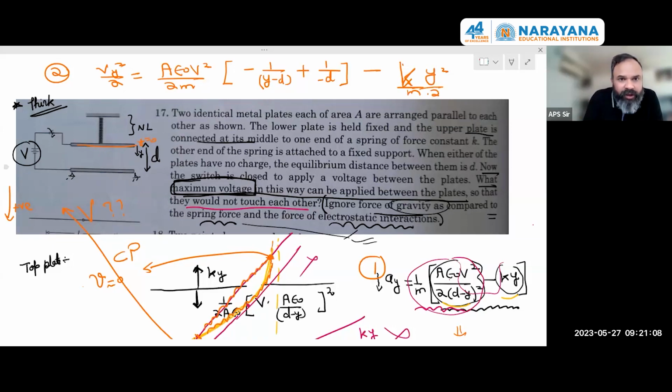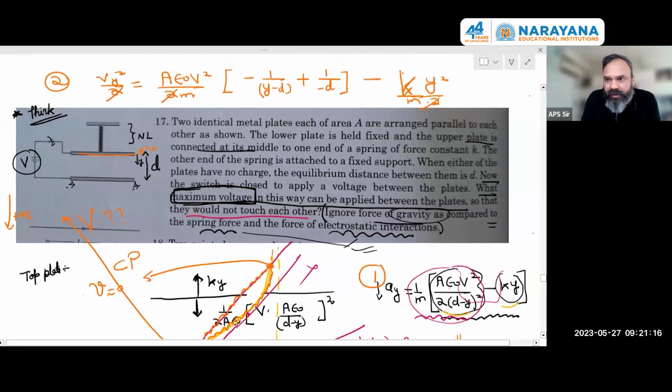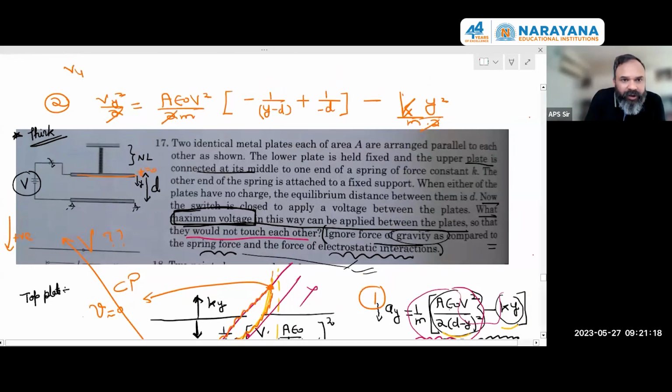Observe this thing carefully. The good thing is the 2s cancel out as such. And now you have the v squared term. Just write it properly. You have v squared, which is epsilon naught V squared divided by m, times the term 1 by (d minus y), minus 1 upon d, and minus k y squared upon m.